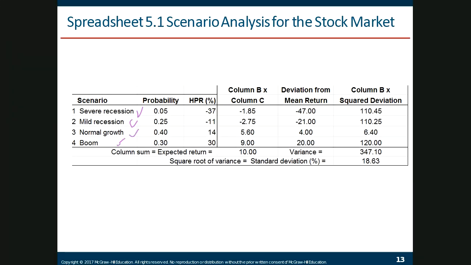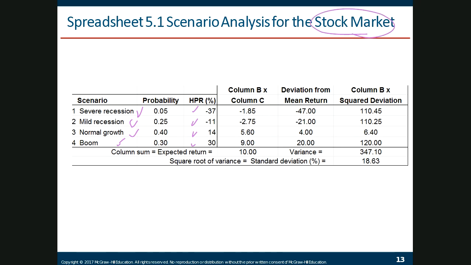By the way, what do you think right now? Okay, so if it's a very bad recession, then the return is going to be negative. Mild one, -11, normal growth 14%, and boom will be 30%. That looks like a good stock market analysis, reasonable numbers.